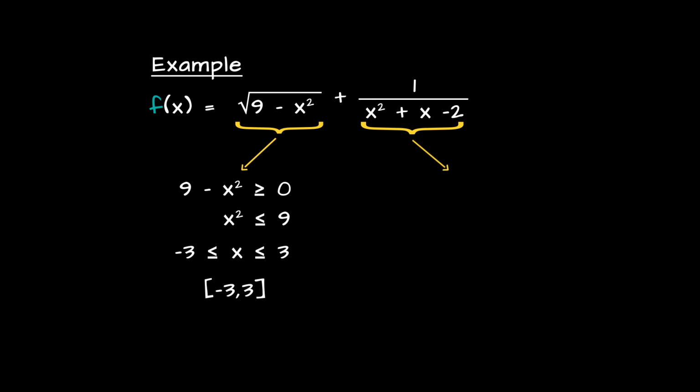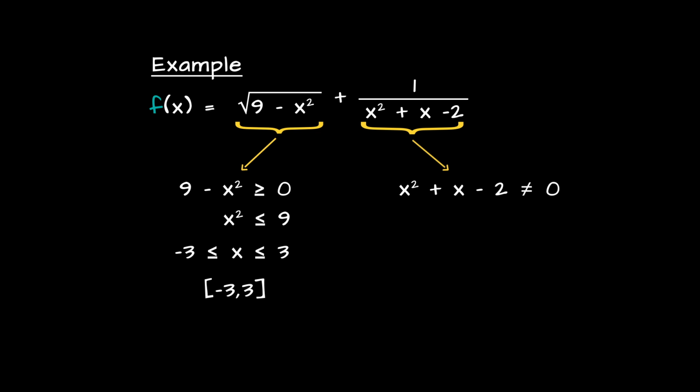Let's take a look at the second additive term of our function next. We know that 1 over x squared plus x minus 2 will only be well defined if the denominator, that's x squared plus x minus 2, is not equal to 0. We can solve this condition by factoring.